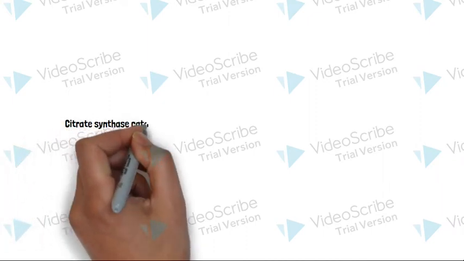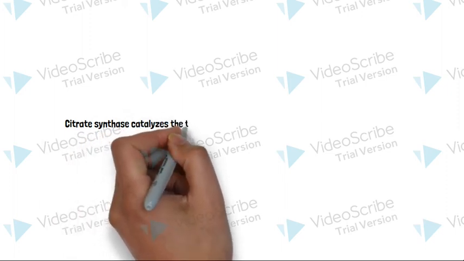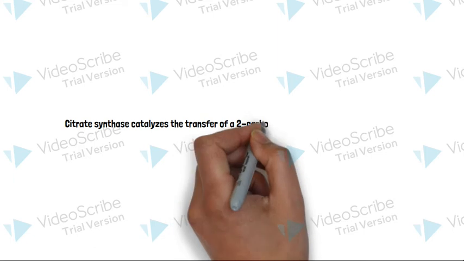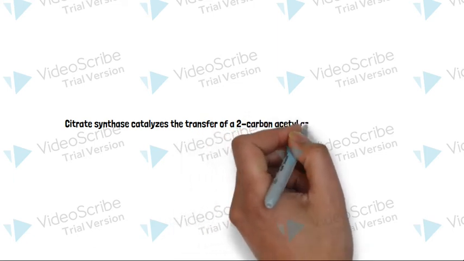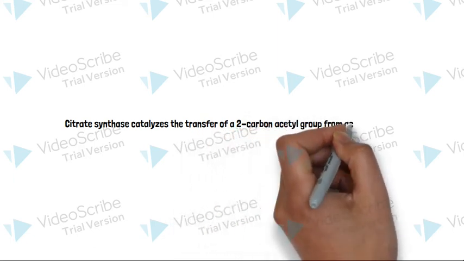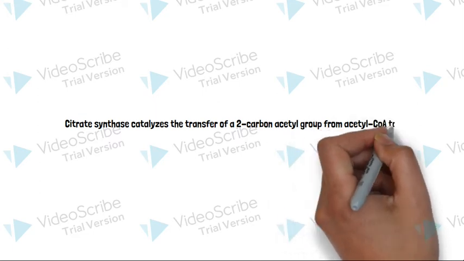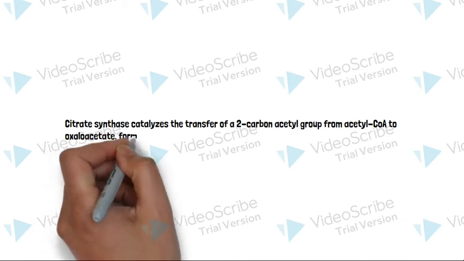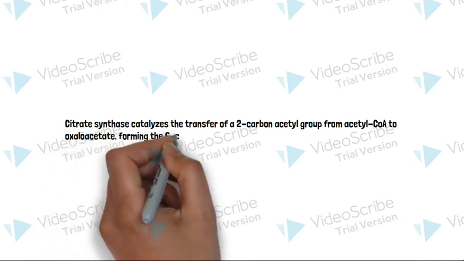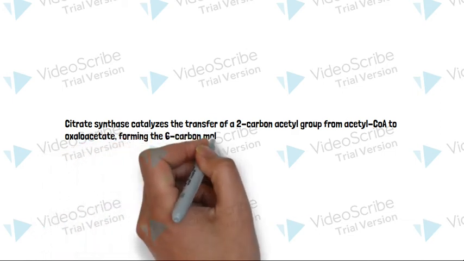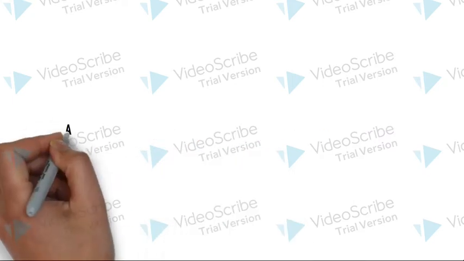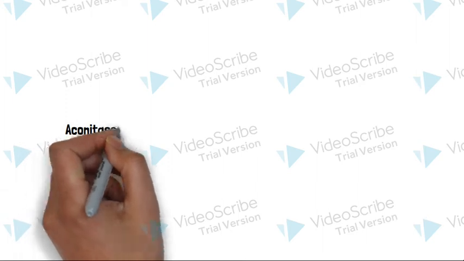Now citrate synthase is going to catalyze the transfer of a 2 carbon acetyl group from acetyl-CoA to oxaloacetate. Acetyl-CoA and oxaloacetate are going to condense with the enzyme called citrate synthase, where the CoA will be kicked out, forming a 6 carbon molecule, that is citrate. Oxaloacetate is a 4 carbon molecule, acetyl-CoA is a 2 carbon molecule.